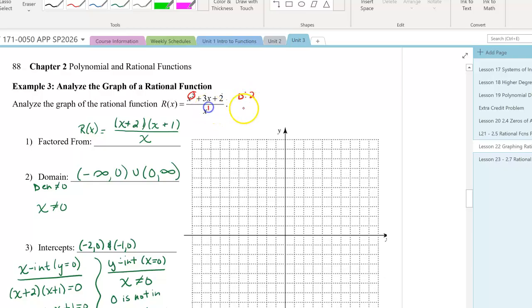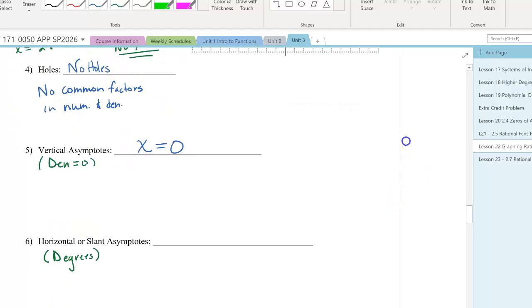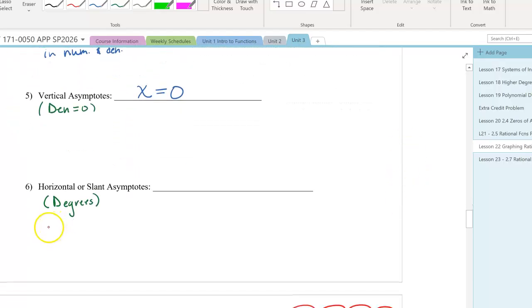The degree of the denominator is not written, so it's understood to be x to the first. So this one is top heavy. And when you're top heavy, it's going to cause you to bend over or slant. So that means this one has a slant or oblique, which is another name for slant asymptote.